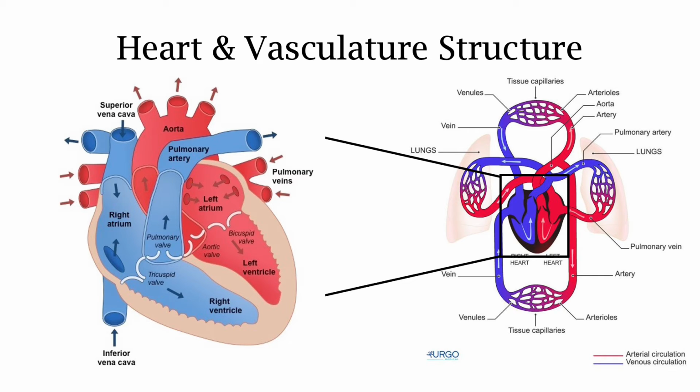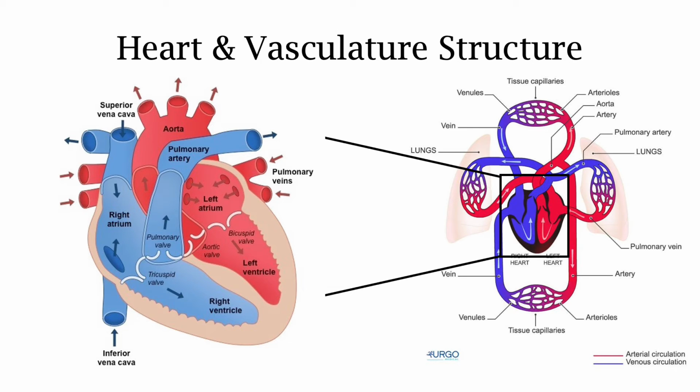It's going to return to the heart from the inferior and superior vena cava into the right atrium, through the tricuspid threefold valve into the right ventricle, where it's going to be pushed through the pulmonic valve through the pulmonary artery to each lung. The super important thing to realize about the pulmonary artery is that it is an artery, but its blood is deoxygenated.